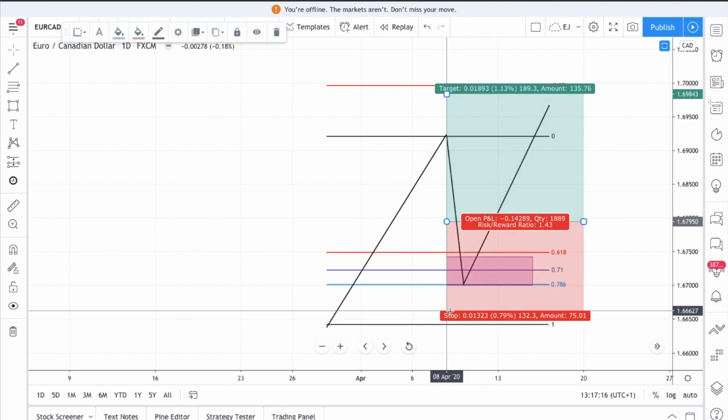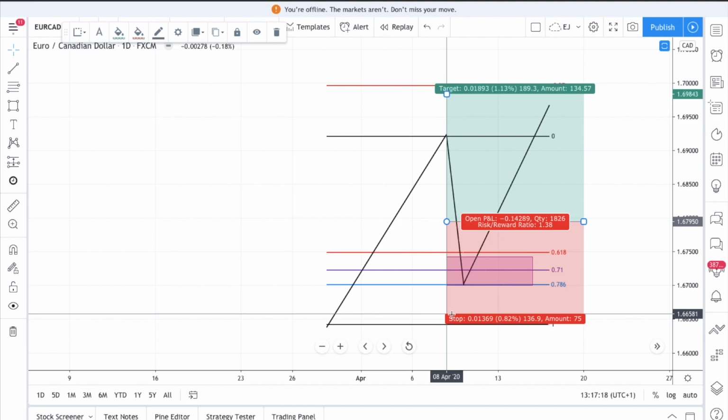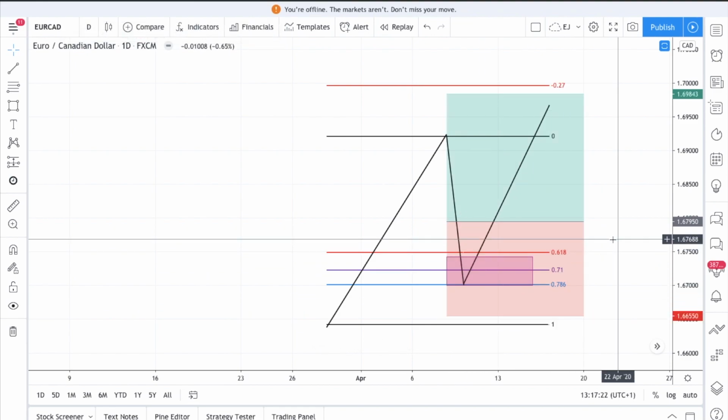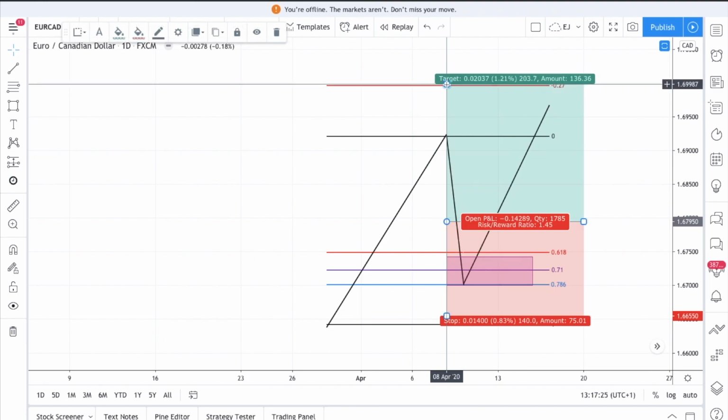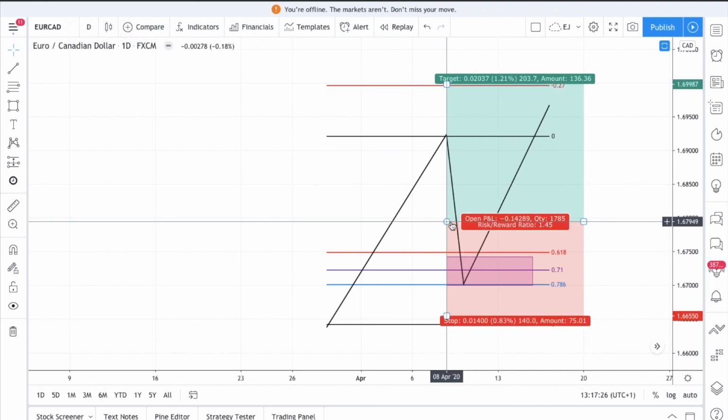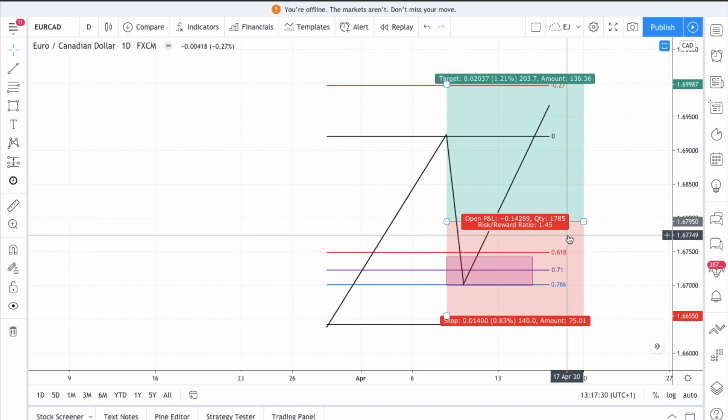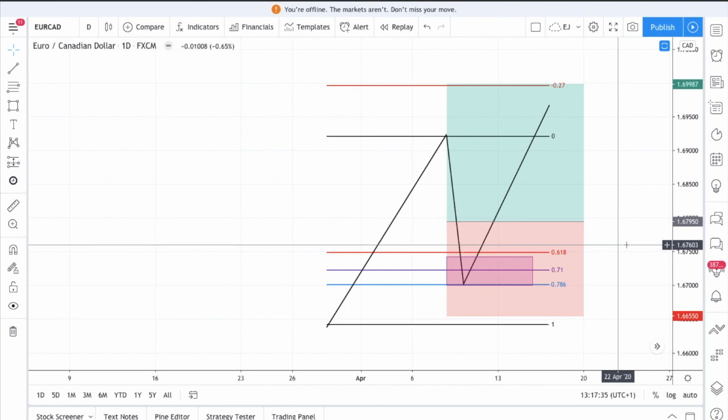We have to go 20 to 30 pips below it. If it does go below it, then it could invalidate the fib. But as you can see, if we're entering on the 50, which is around here, we're getting just above a 1-to-1 risk to reward, which is not good.